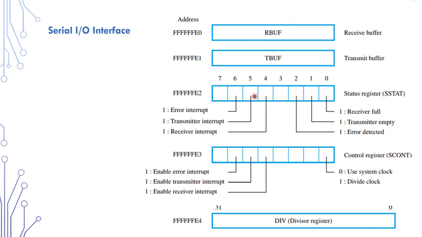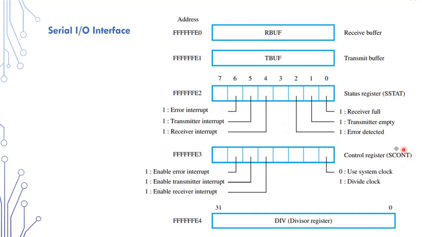The serial interface raises an interrupt when either SStat 4 or SStat 5 is equal to 1. It also raises an interrupt if SStat 6 is equal to 1, which occurs if SStat 2 is set to 1 and an error condition interrupt is enabled.